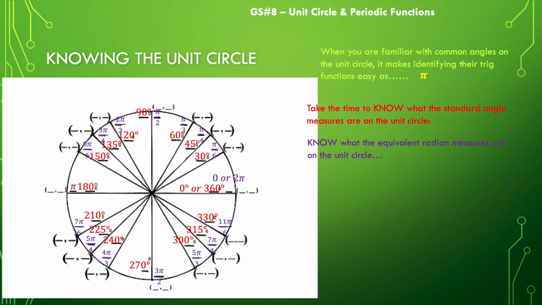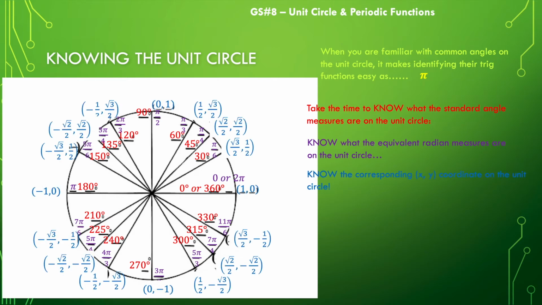Now, you should know your x and y coordinates for each of these, all right? So these all come from just knowing your basic special right triangles, a 30, 60, 90-degree right triangle, or a 45, 45, 90 right triangle. So let's just focus in our first quadrant here for a second.